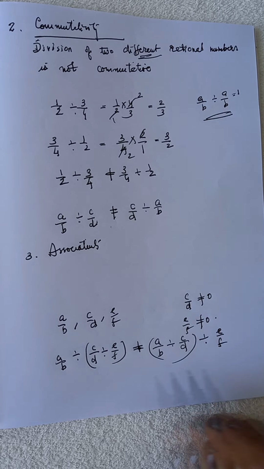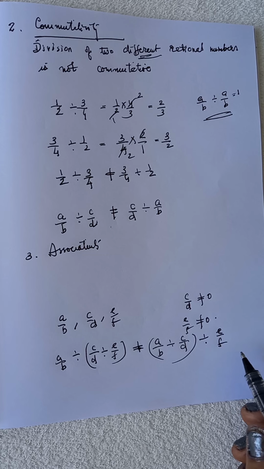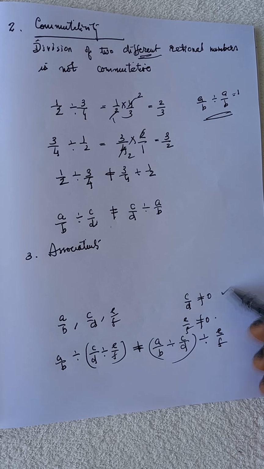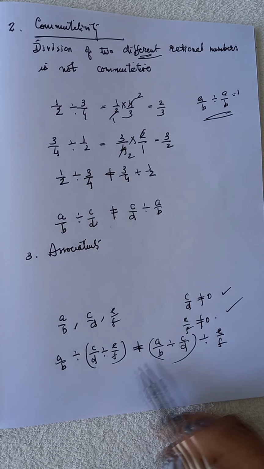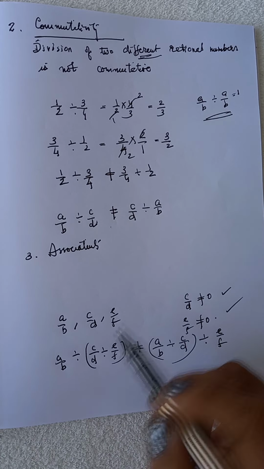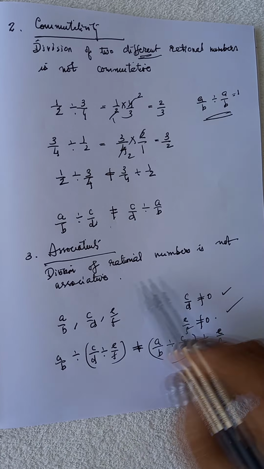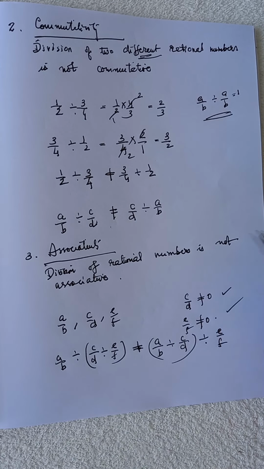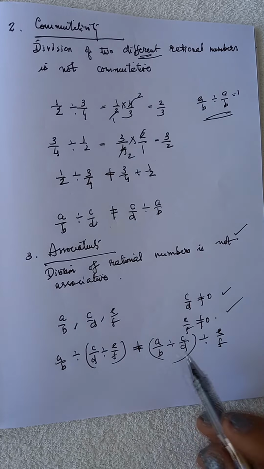If you take small examples, you can verify this. So, these are the two conditions, C by D and E by F not equal to 0. Then we can say that division of rational numbers is not associative.